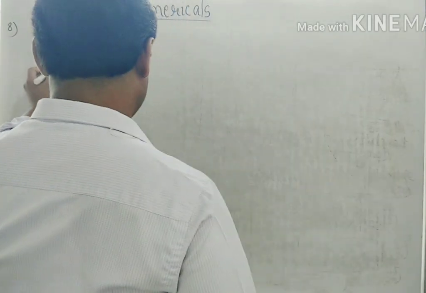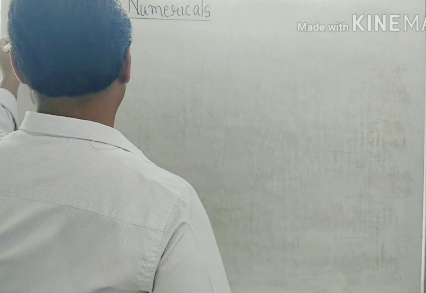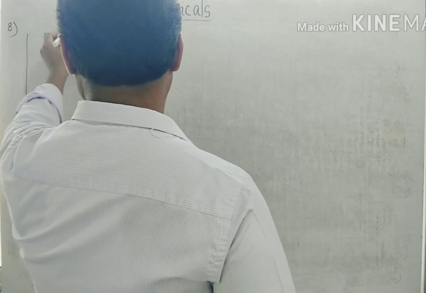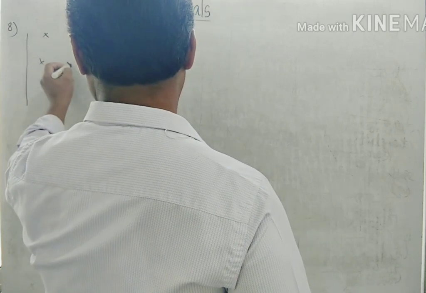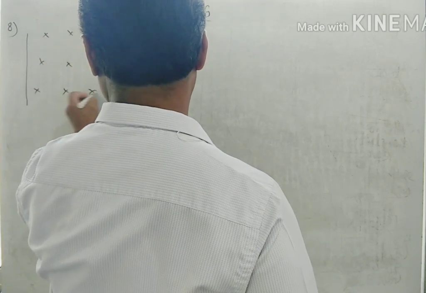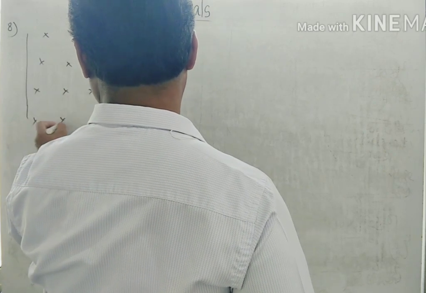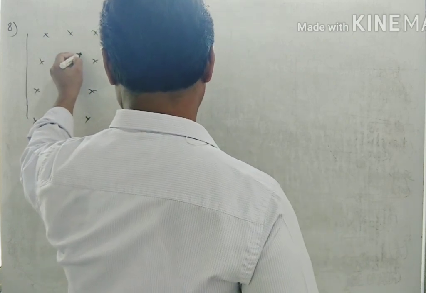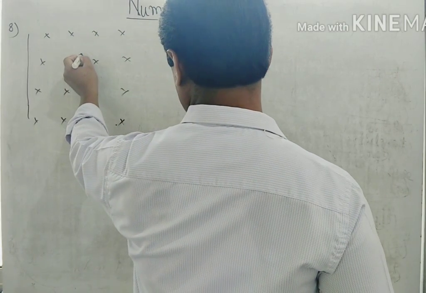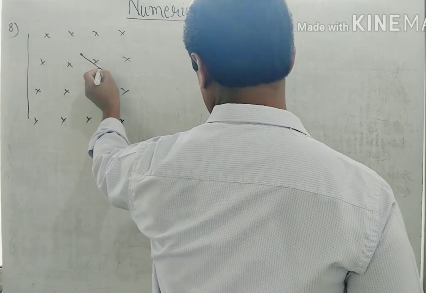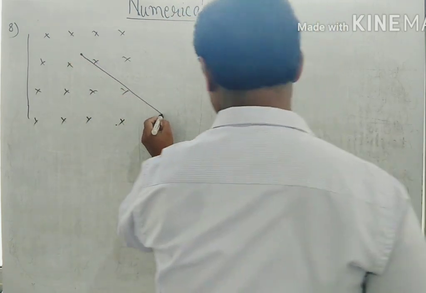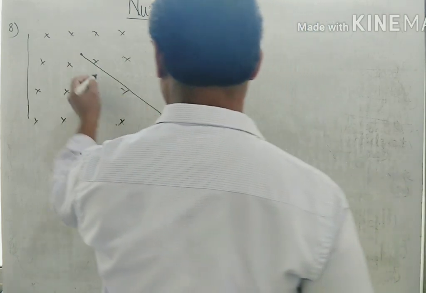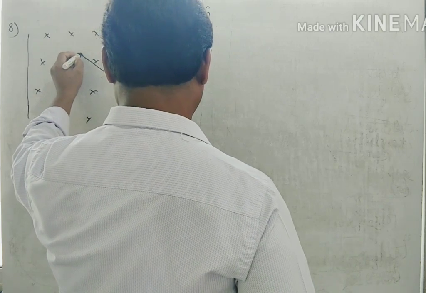Okay, 8th question. Let me just draw the diagram so that we can have a brief idea. So here charges are there, the non-conducting plate is there, and somewhere on the vertical surface, one end of the silk thread is fixed and the other end is fastened to a spherical ball having a certain mass, 10 grams, if I am not mistaken, given in the question.